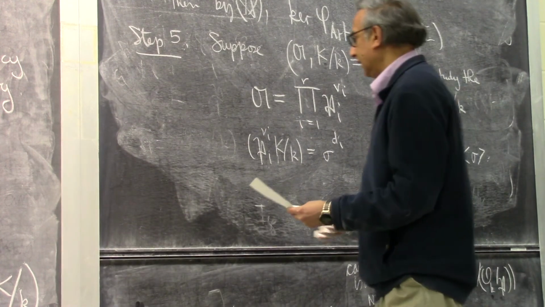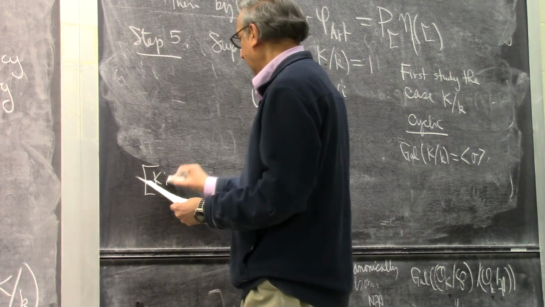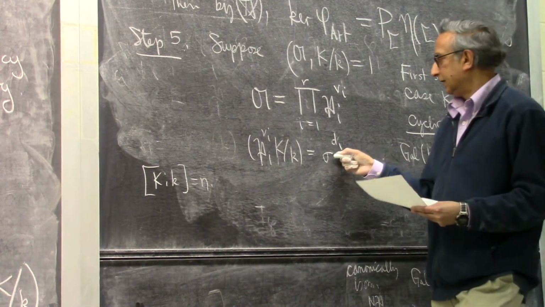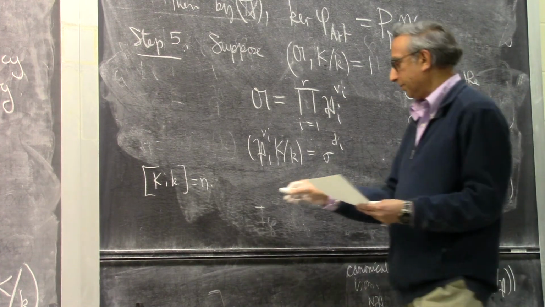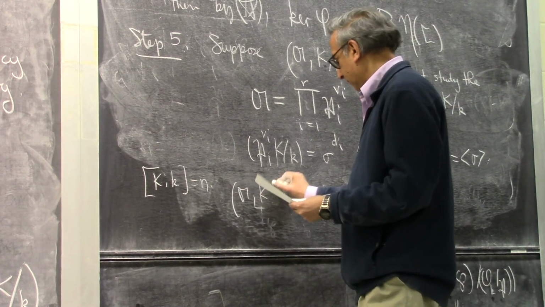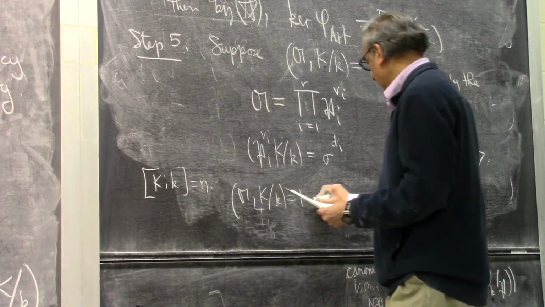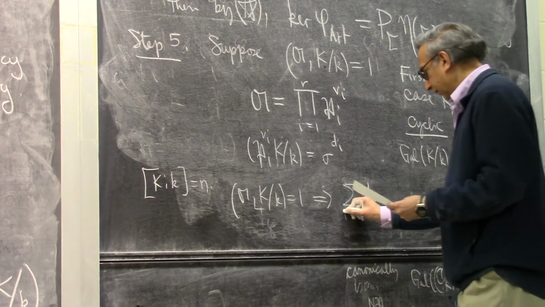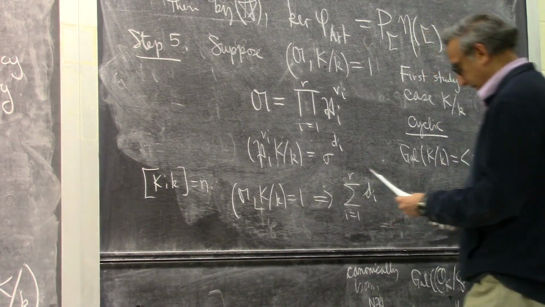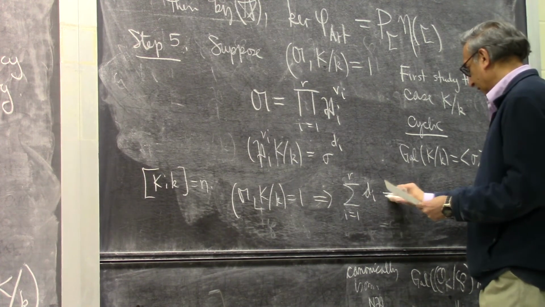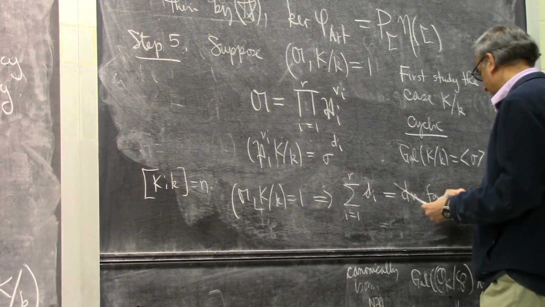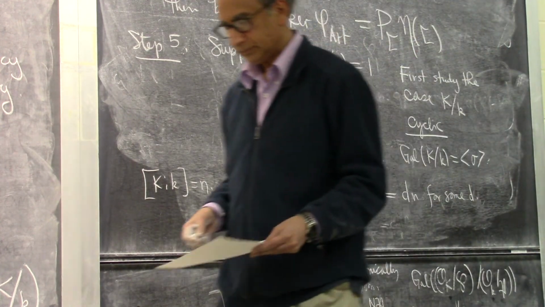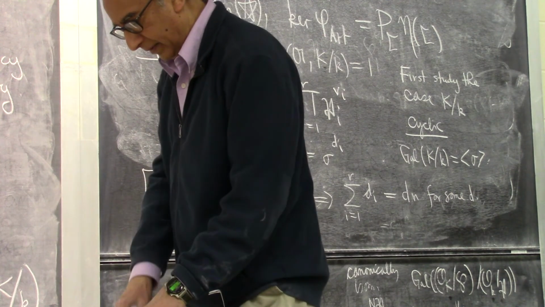And because the extension has degree n, to say that the Artin symbol is 1 implies that the summation of d_i, from i going from 1 to r, must be a multiple of n, dn for some d. Therefore, n divides the sum of the d_i's.